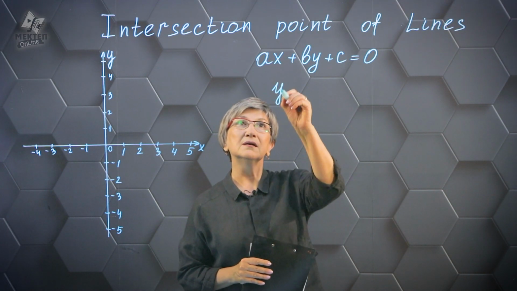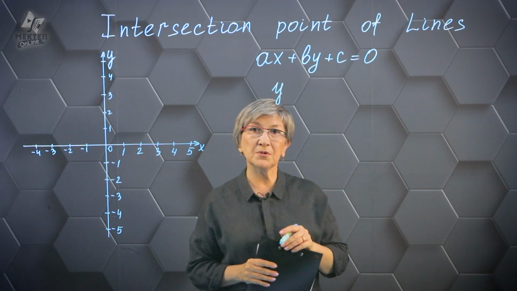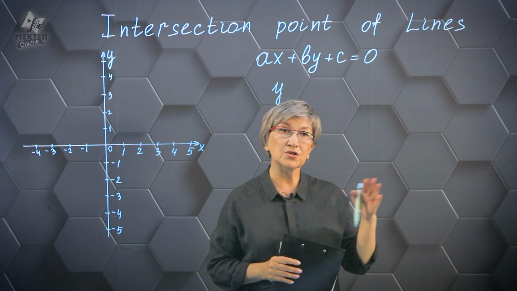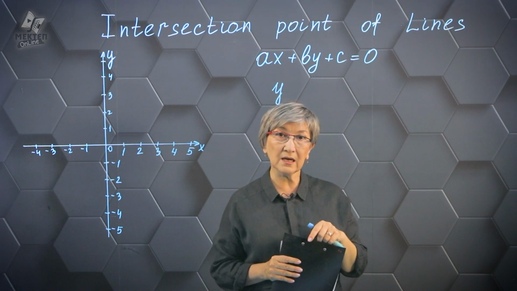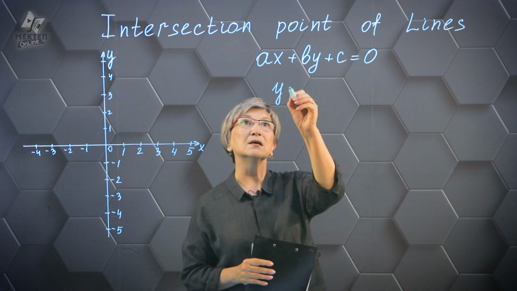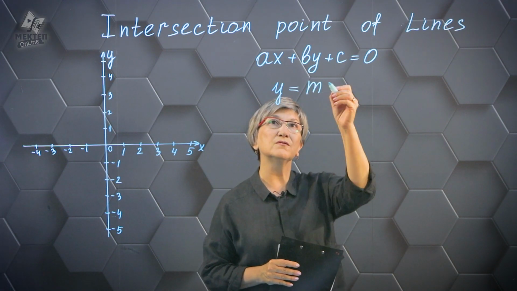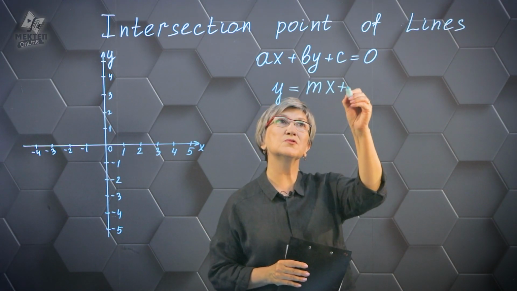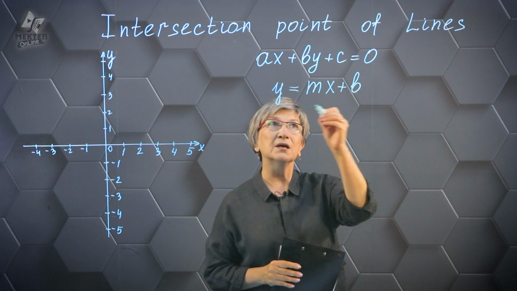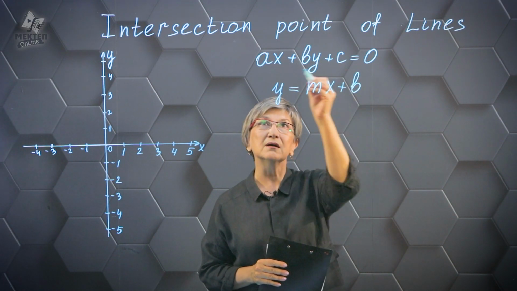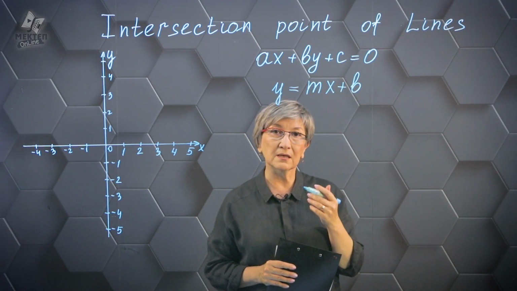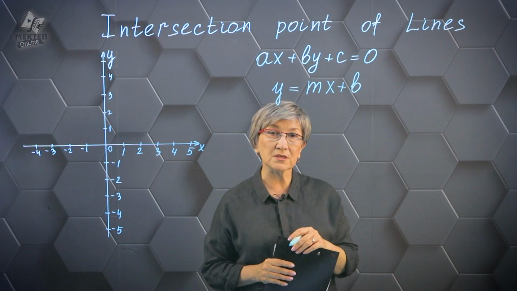If I retain the variable y on the left and shift all other terms to the right side, then my linear function appears in the following form: y equals mx plus b. And we talked about the fact that this function expresses the linear function graph.